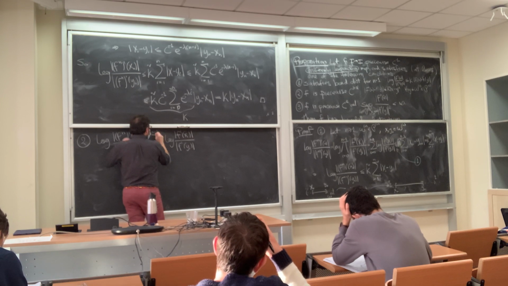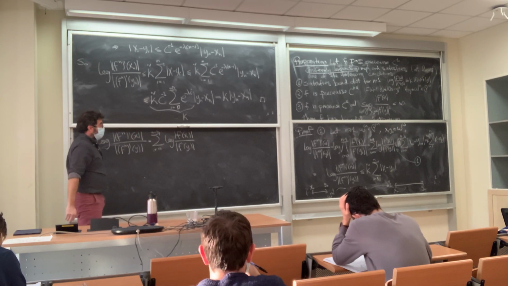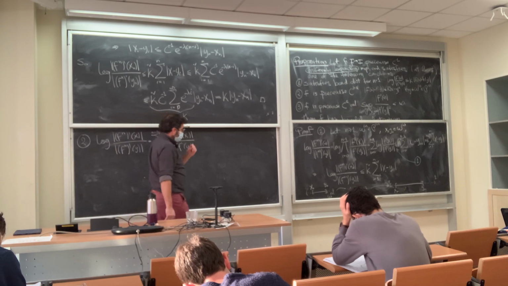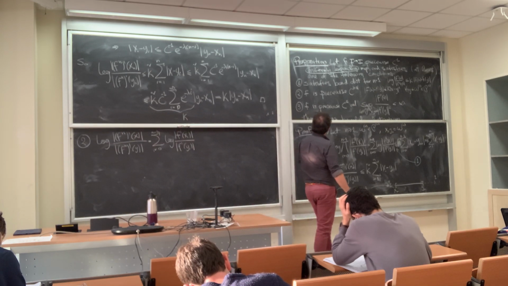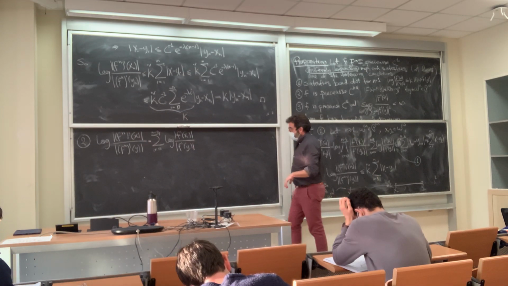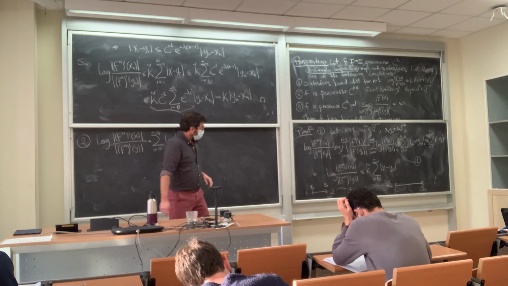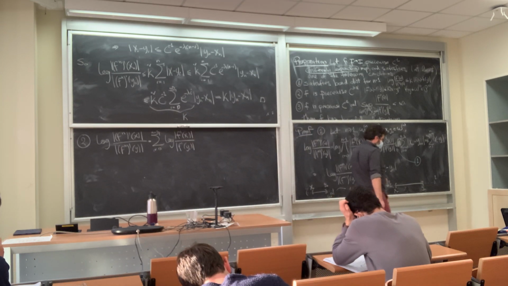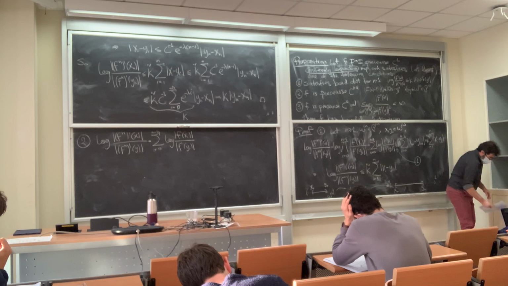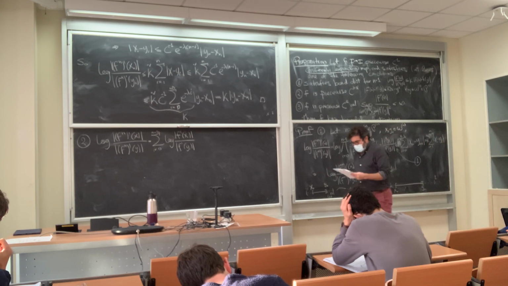But here we don't have an inductive assumption. We just have the fact that it's C1 plus alpha. And how is that going to help us? Well, we're going to write it like this.